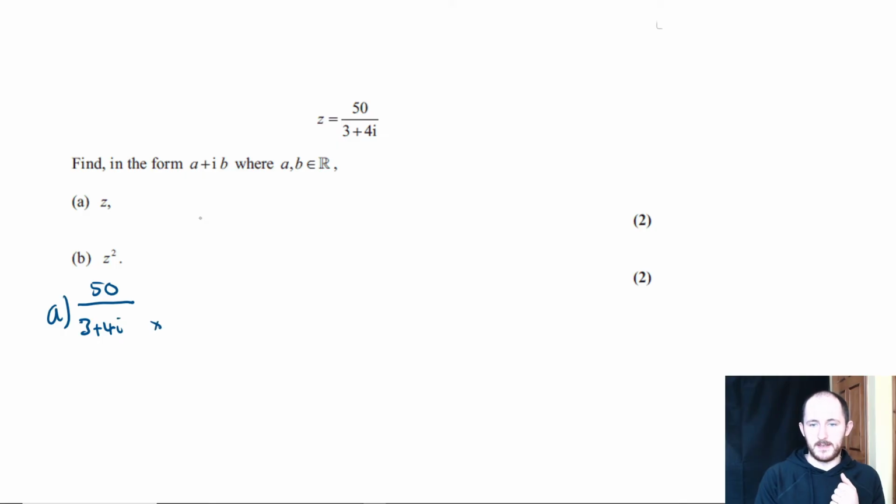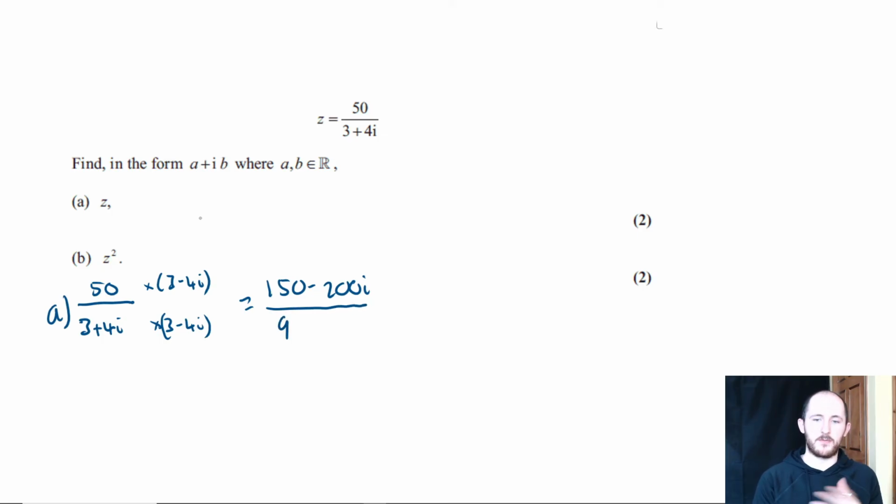And to do that, we get rid of the imaginary part of the denominator. So work it out, we get 150 minus 200i over 3 times 3 is 9, and then we'd have the cross terms, but I'm not going to bother doing it, minus 4 times 4 is 16i squared, so that's actually plus 16, right?